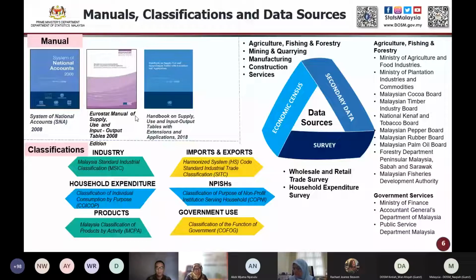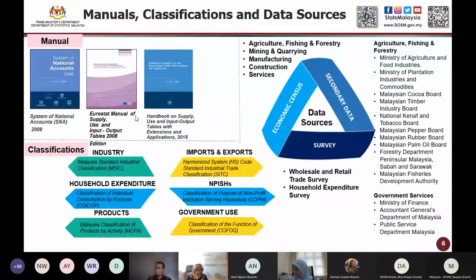In terms of classification, the compilation of the IO table uses the Malaysia Standard Industrial Classification MSIC 2008, which conforms to the International Standard Industrial Classification of all Economic Activities ISIC Revision 4. The commodity classification is based on the Malaysia Classification of Products by Activity MCPA 2009, in line with the Central Product Classification CPC version 2.0.